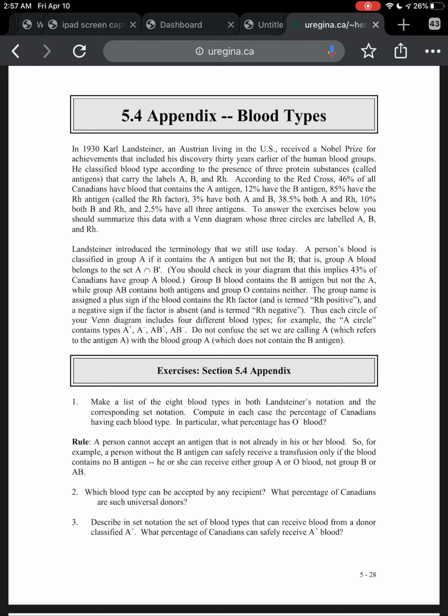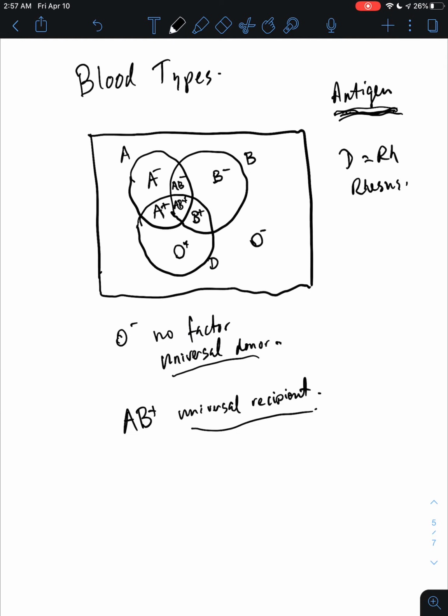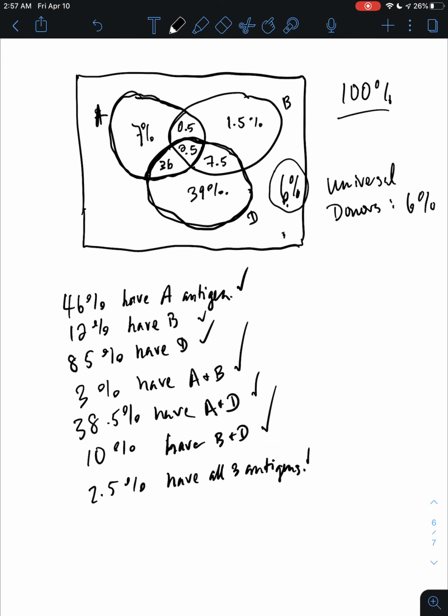What is the set of blood types that can receive blood from a donor classified as A positive, and what percentage can receive A positive blood? So here is A positive, but who can receive A positive blood? We'll go back to the previous diagram here. Oops, I gave you the wrong one. This is A positive, of course. Those have both the A and the rhesus factor.